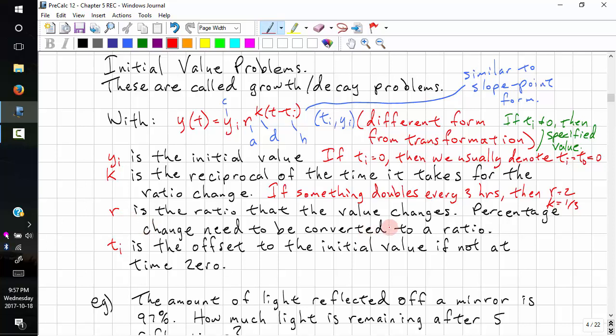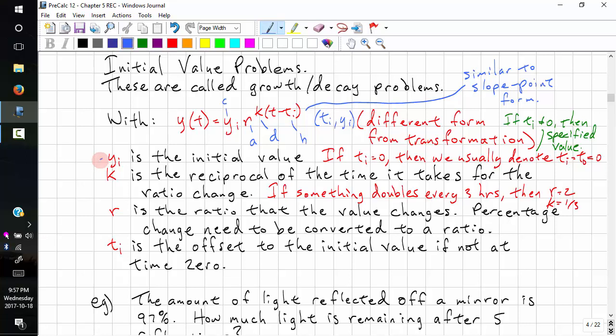r is the ratio that the value changes. And percentage change needs to be converted to a ratio. ti is the offset to the initial value if it's not at time 0. Again, this is our point that we're looking at to define our specific equation.